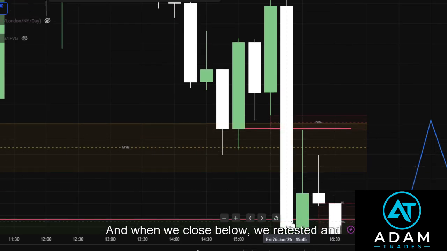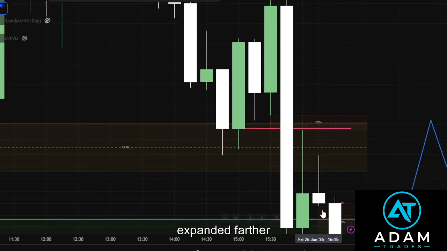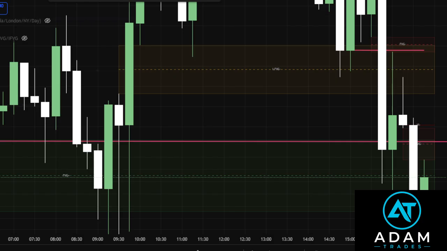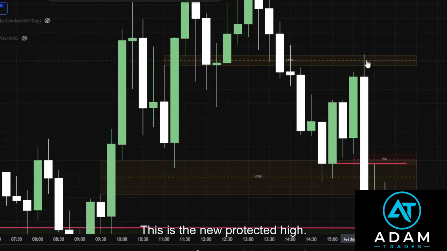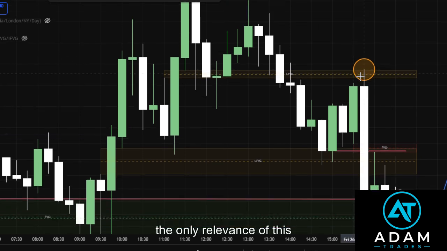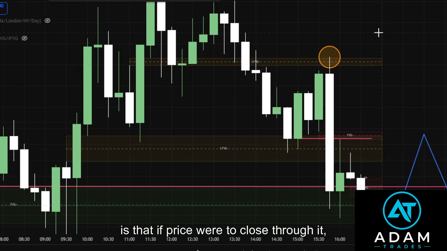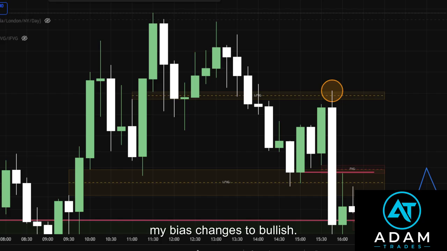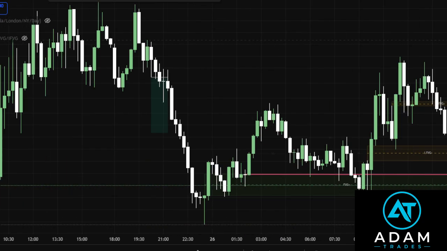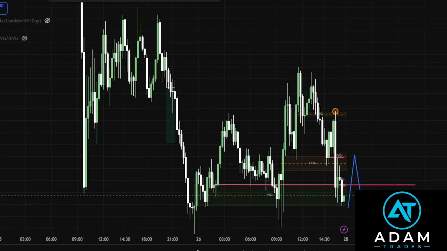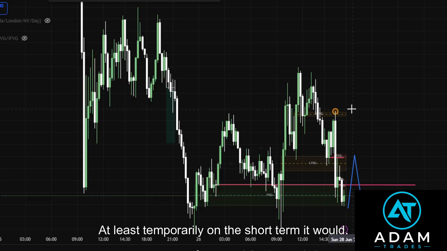And when we closed below, we retested and expanded farther down. This is the new protected high. So the only relevance of this is that if price were to close through it, my bias changes to bullish, at least temporarily on the short term.